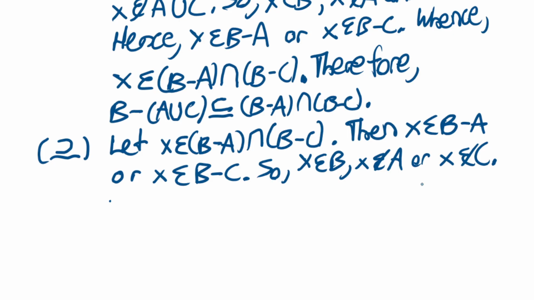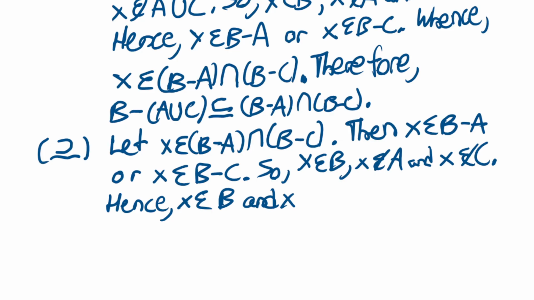So hence X is an element of B and X is, no, we actually do have and because we can imply both.